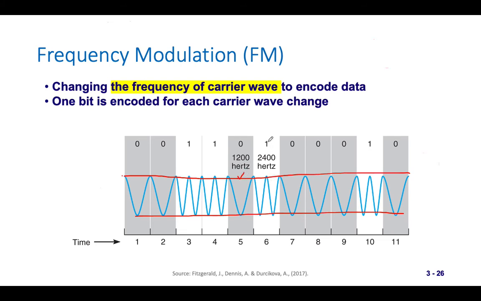When you try to send 1, I have to use 2 cycles of that. That's how it is? Yes. So here, what I am modulating is the frequency, or the number of cycles per time unit. The other way around from the AM.